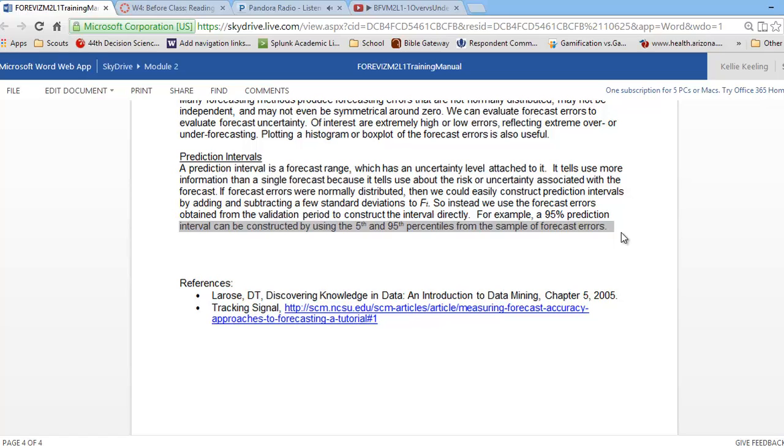Again, we don't have the normal distribution that we might have used in some of your previous stat classes to get prediction or confidence intervals. So instead we'll just use the actual percentiles. We can break up our errors, and then have a range of how big or small we expect those errors to be, and then we can put that around our actual forecasting point, and that will allow us to create our prediction interval.